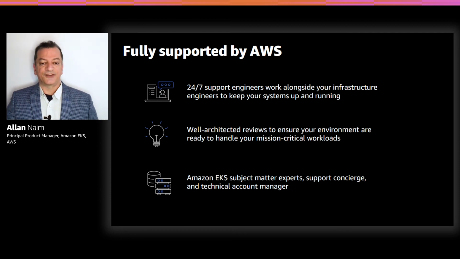Amazon EKS customers get the benefit of a fully supported experience for their EKS clusters running on-premises and on AWS. This includes well-architected reviews by our solutions architects to ensure your environment is ready to handle mission-critical workloads, 24/7 support with our support engineers, and a rich partner ecosystem that can support and help you adopt Amazon EKS and provide the assistance you're looking for along the way for full operations experience across all your environments.